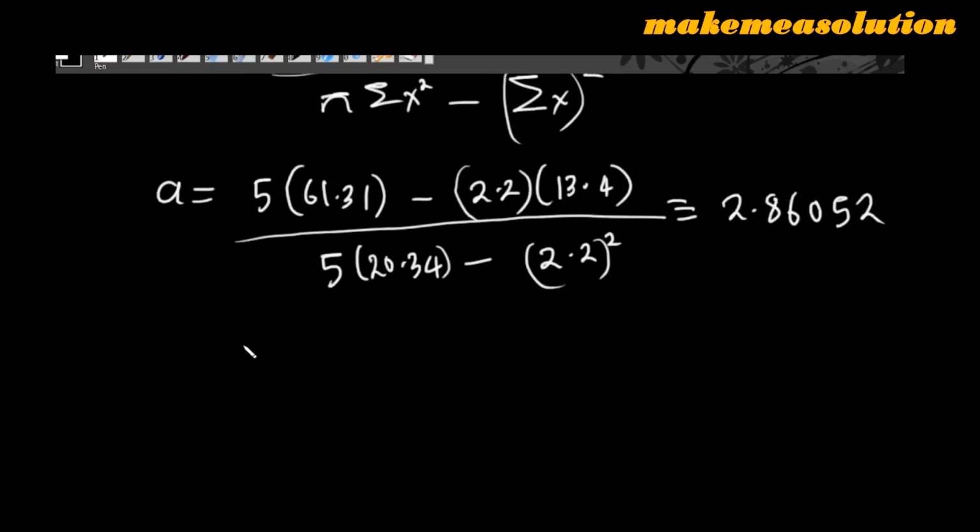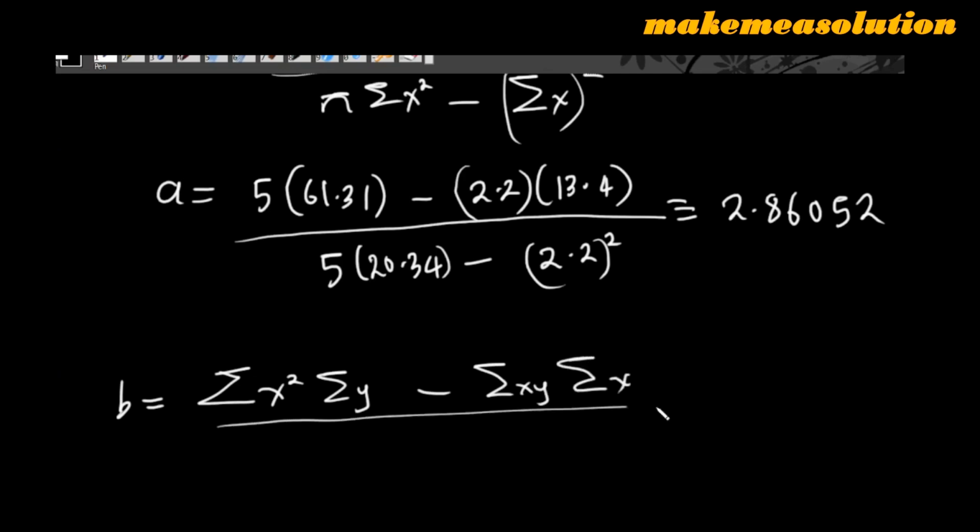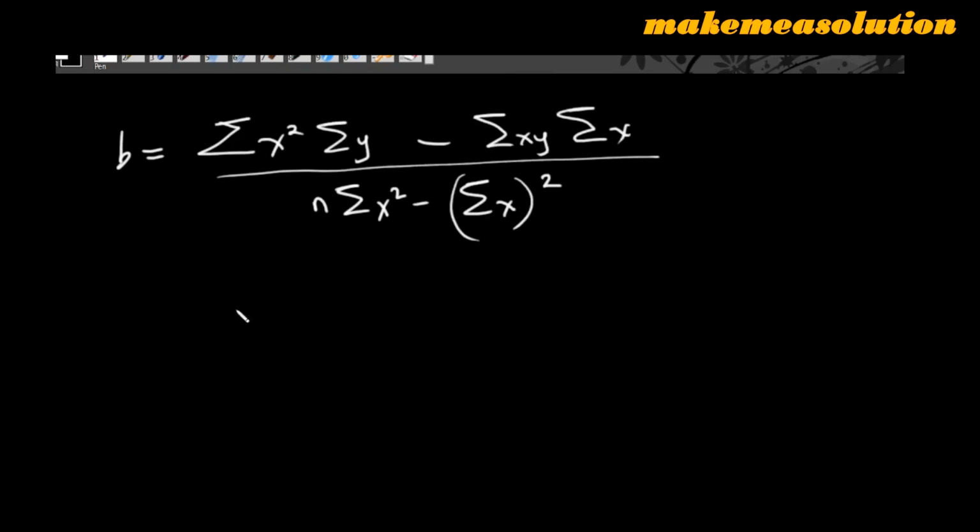So let's solve for the value of b. Remember the formula. The formula says b is summation x squared times summation y minus summation xy times summation x, divided by the same denominator we have here, n summation x squared minus summation x all squared. So my summation x squared, if you look above, is 20.34.